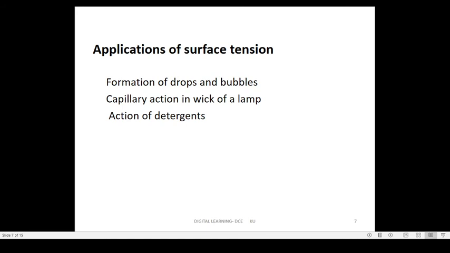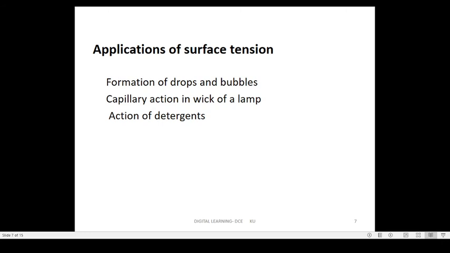Second one, the capillary action in the wick of a lamp. The gap between the threads of a wick acts as a capillary tube.